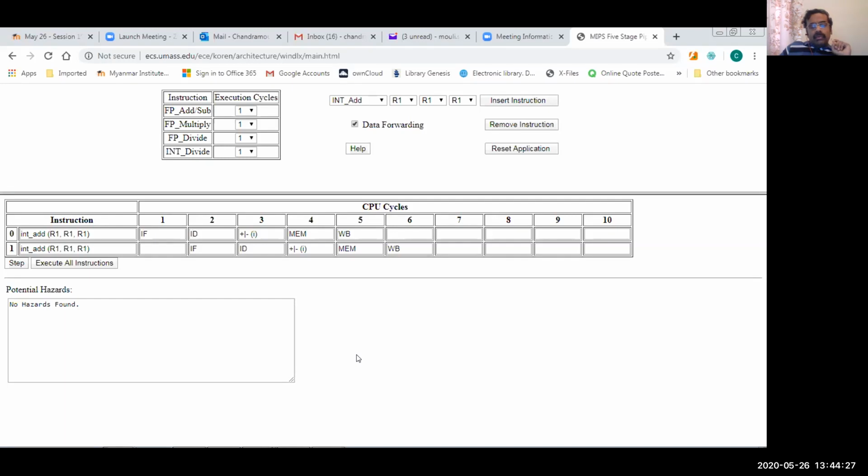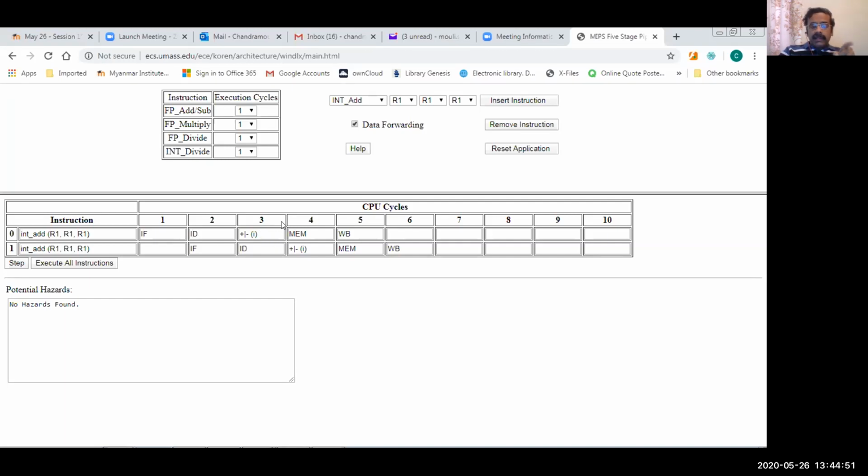Can you now tell me where the result R1 is available, in which pipeline register, and how it is fed to the next instruction? From this, you should be able to understand the result is available by the end of the third cycle, correct?